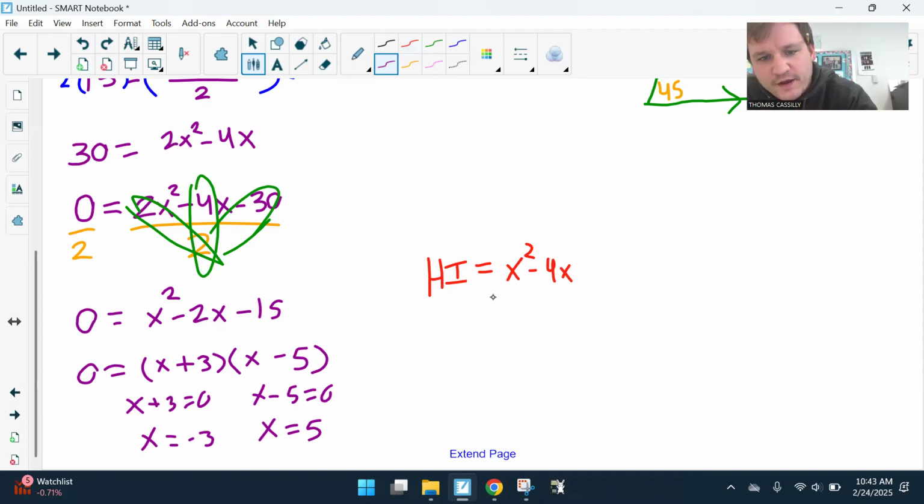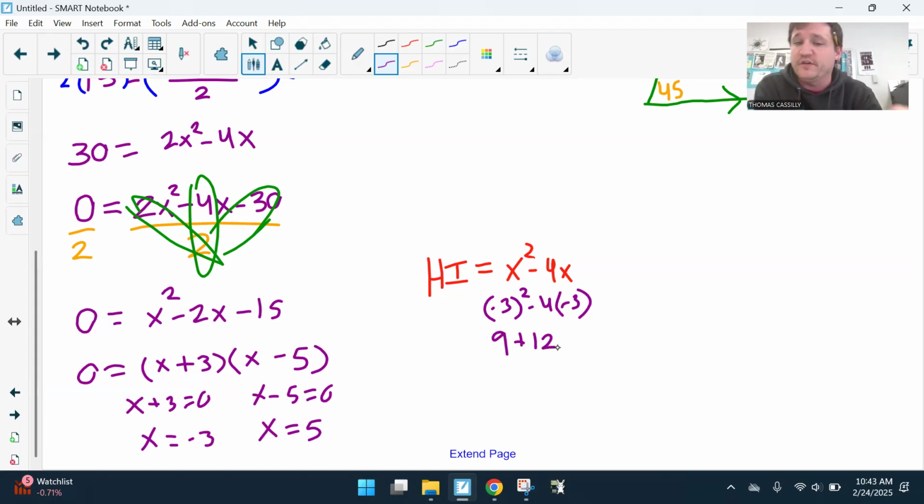I got -3 squared minus 4 times -3. So that gives me 9 plus 12. Negative times a negative is a positive. That -3 squared is a positive. So HI has a side length of, what does that give us, 21?